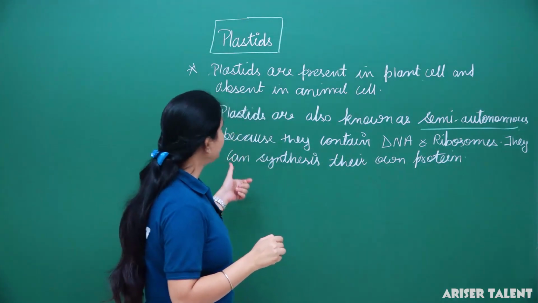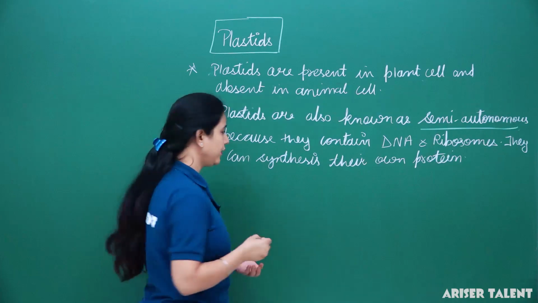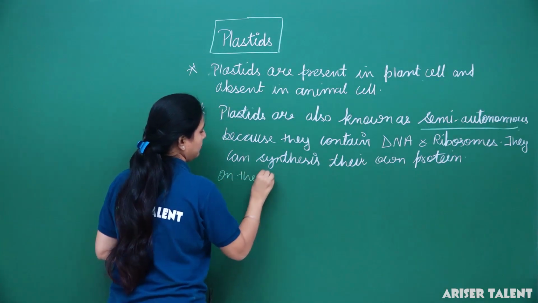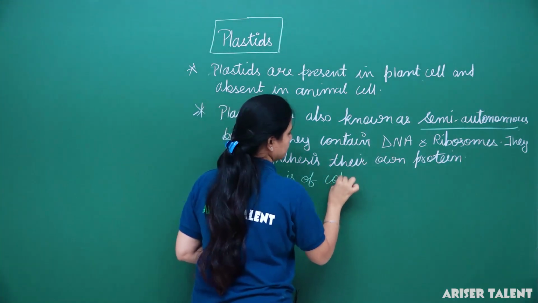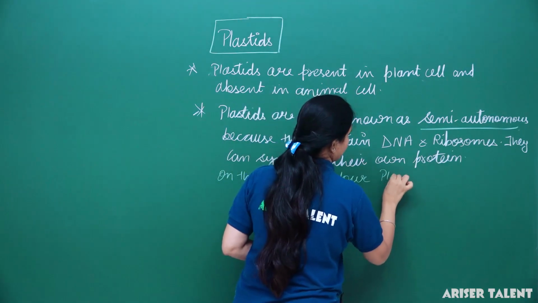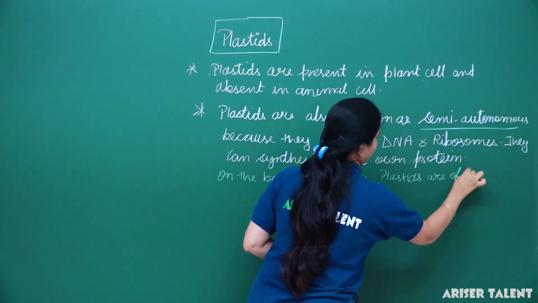Clear? Now on the basis of colors, plastids are of three types. Here we can mention, on the basis of color, plastids are of three types.